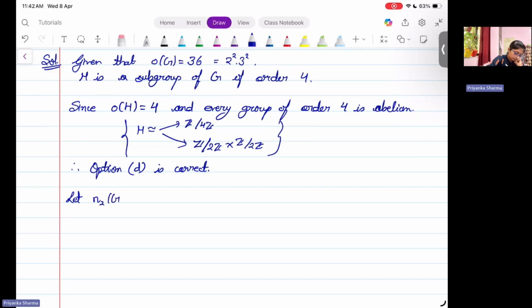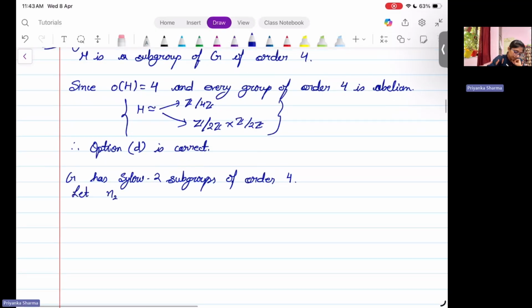First, let me see that G has Sylow 2-subgroups of order 2 squared, because 2 divides the order of G and 2 squared also divides the order of G, but 2 cubed doesn't. So the order of a Sylow 2-subgroup will be 4.